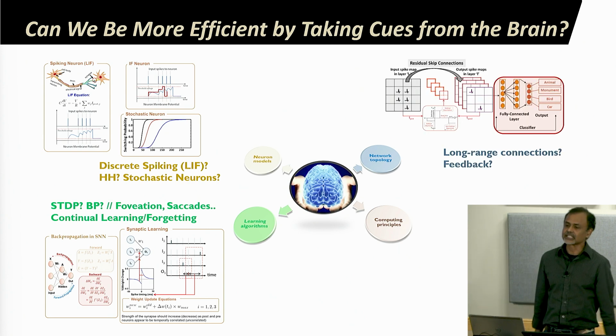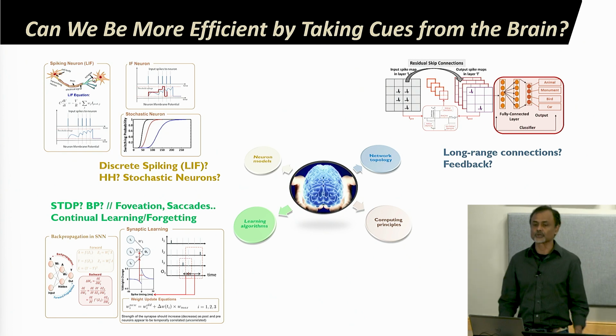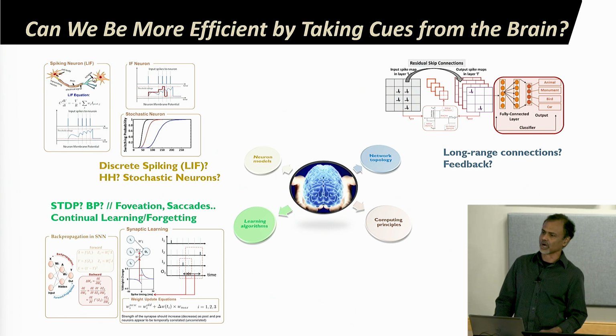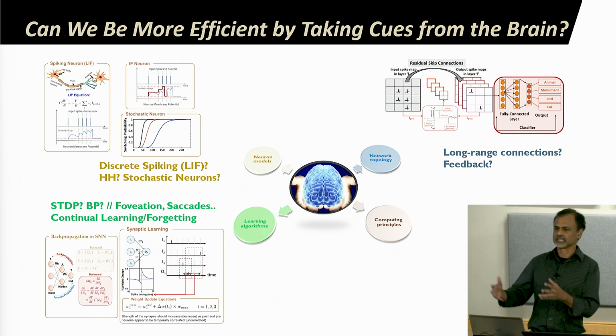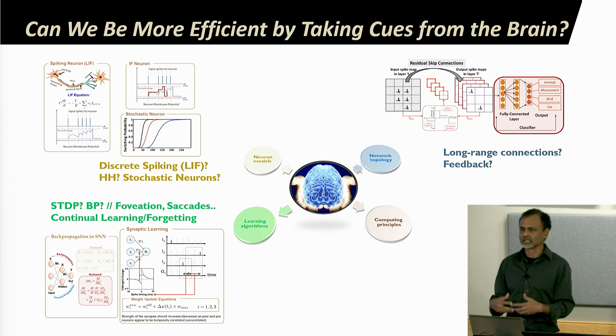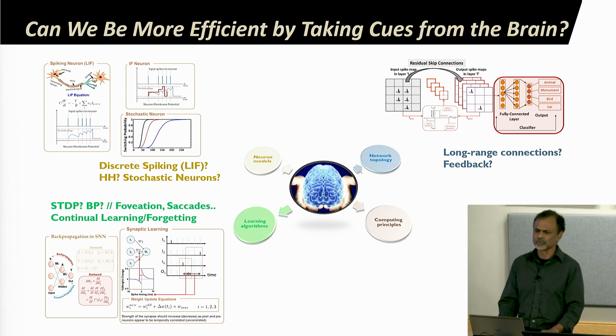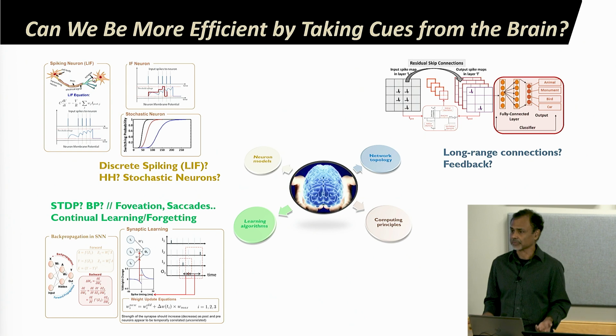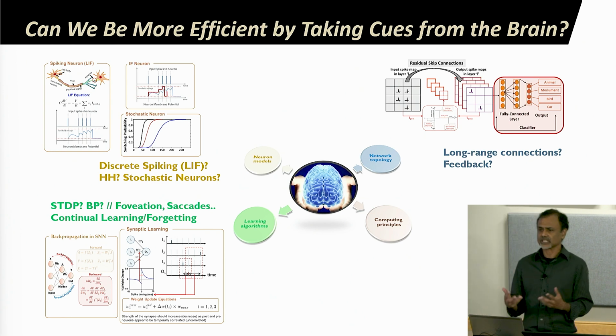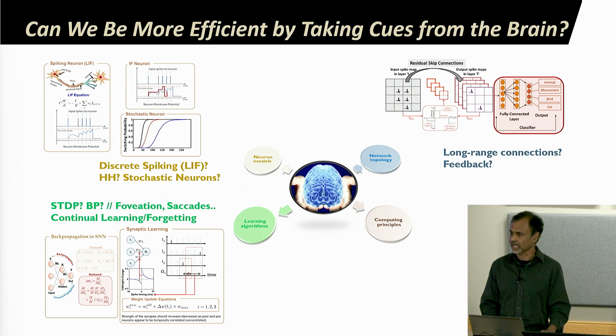Now, the next thing that is also important is the network topology. What kind of network topology should I use? Those of you who have been using deep learning, people have been using, for example, VGG16 or a ResNet 20 or other kinds of architectures. The question then really becomes, what kind of network architecture is good? Should I have feed-forward connections? Should I have backward connections? And so on. Are those feedback connections necessary for the kind of applications that we're looking at? Those are the interestingly important questions that one has to answer.